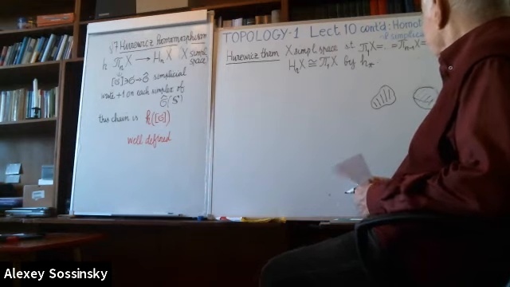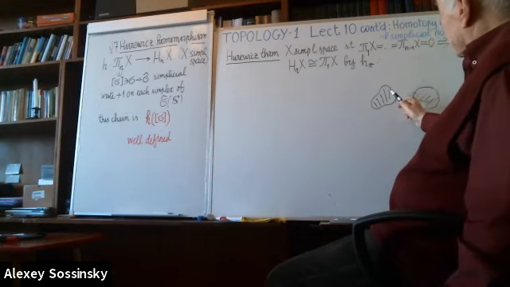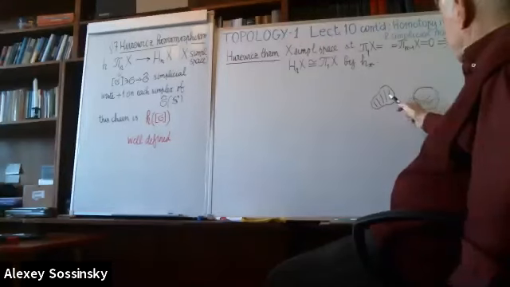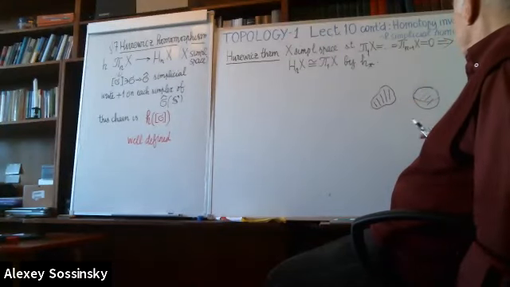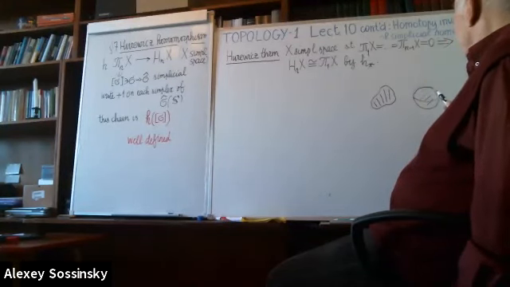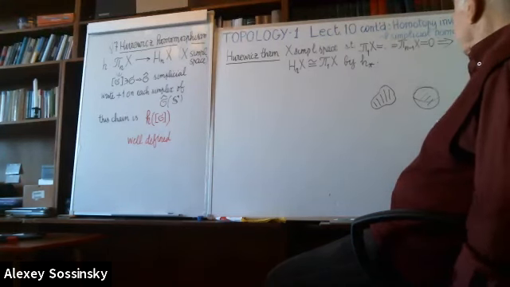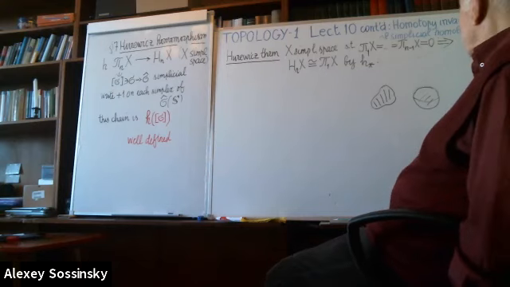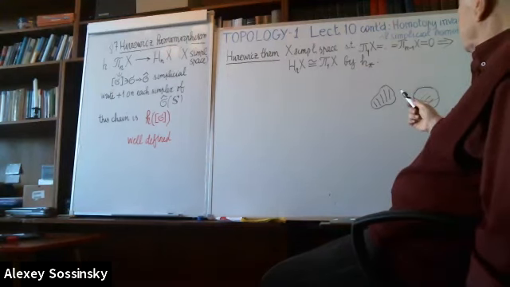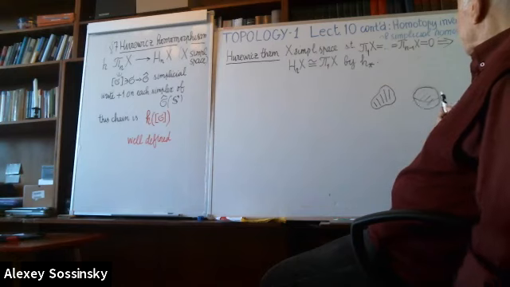Now, a sphere will bound a disk of the next dimension, whereas here, our cycle can be bounded by something more complicated than a disk. It can have handles.